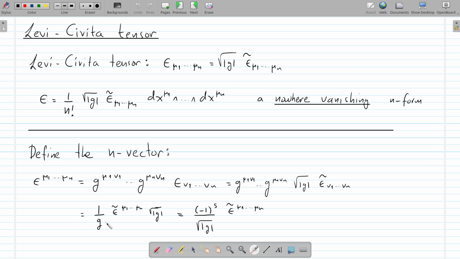Now we see that square root of g defined by g does not give us simply 1 over square root of g, because g can be positive or negative. So if we consider the definition of the signature of the metric, this will give us minus 1 to the s divided by the square root of g.